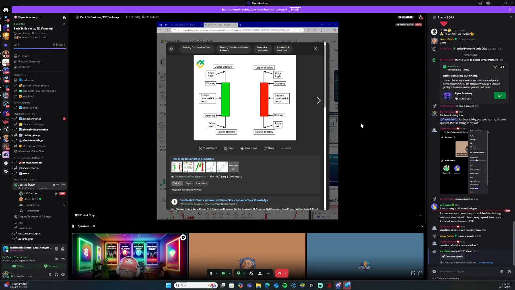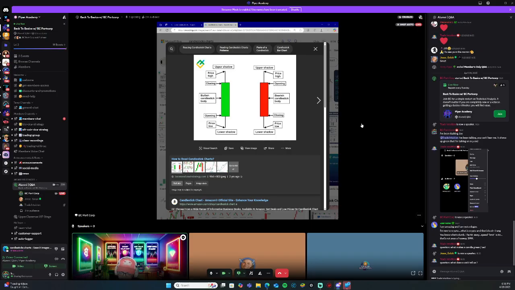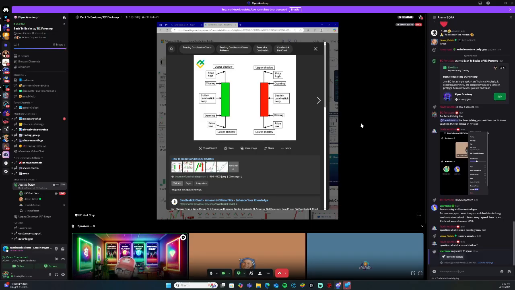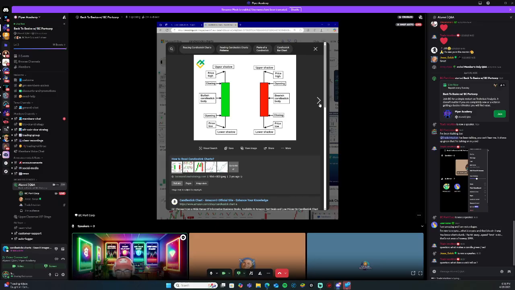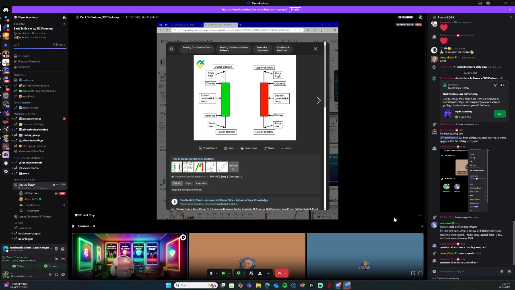But as you can see here, I've got candlesticks pulled up, just two pictures of it, showing you both a green candle and a red candle. I know most of us probably know what a candlestick is, but for those of you that don't, you have the candle that goes in one direction or another.